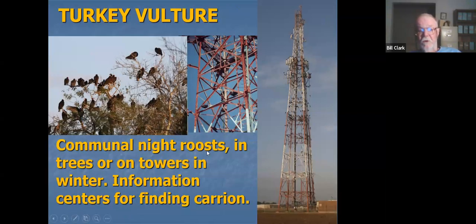Turkey vultures form roosts at night, particularly in the wintertime. These roosts can be in towers, or they can be in woodlots, and they're thought to be an information center for finding carrion. So if you're a turkey vulture and you're out there soaring around and you haven't found anything to eat, and I'll tell you how they find stuff in a minute, and later on, as it comes late in the day, you see a roost and you go over and you join the roost.